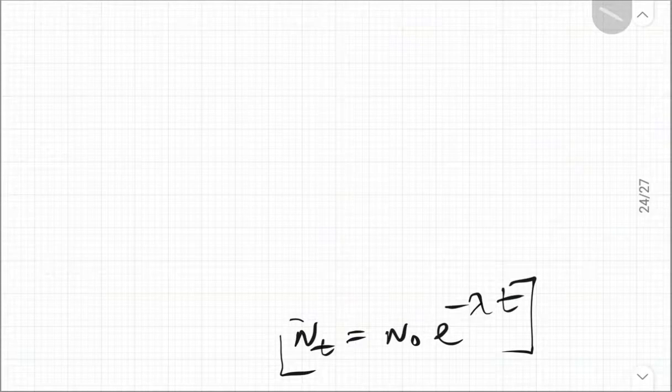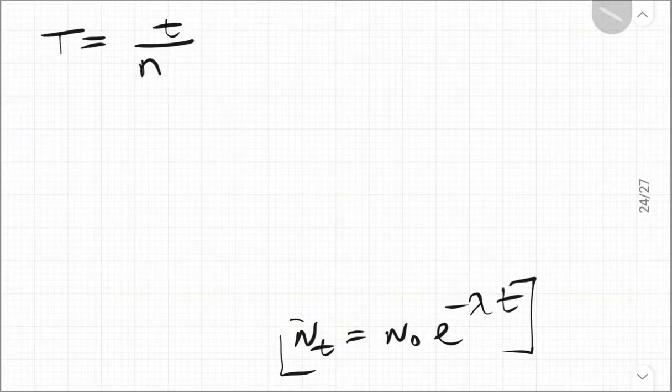We talked about that in the last videos and solved examples on that. All right, so we say that the half-life T is equal to small t over the number of half-lives, right? Okay. So let's derive that.